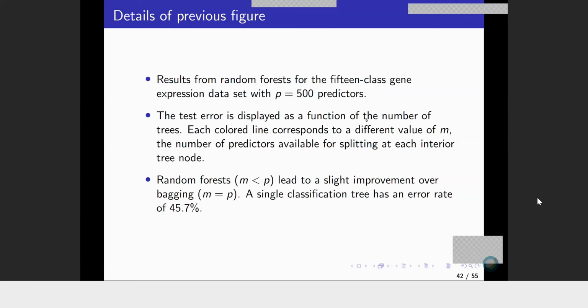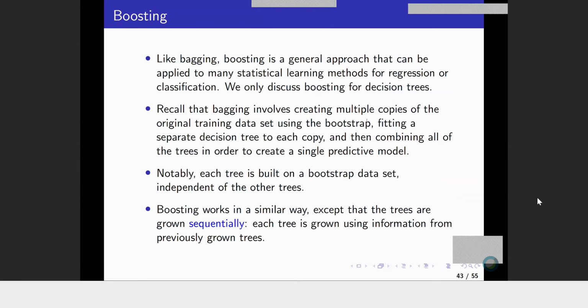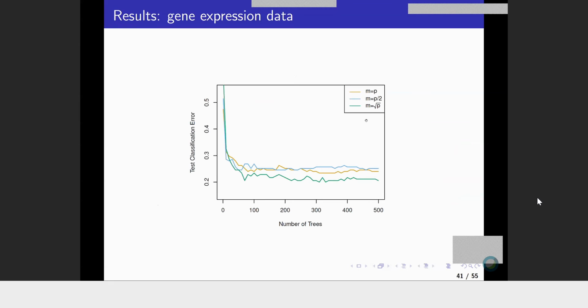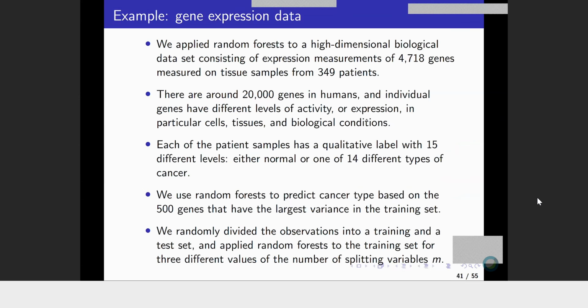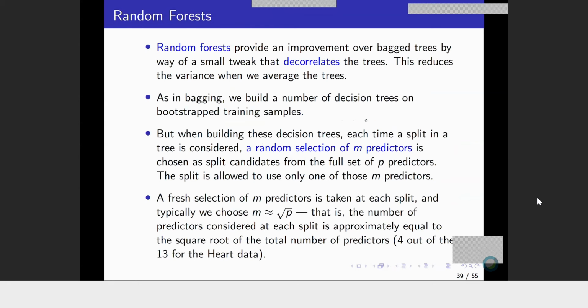Okay, this is for the random forest. It's just a small trick, but you can improve it a lot. When we do the splitting, we do not consider all possible predictors.